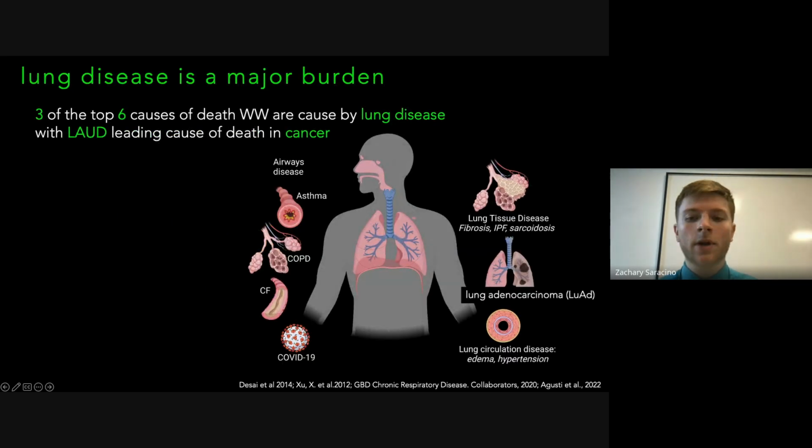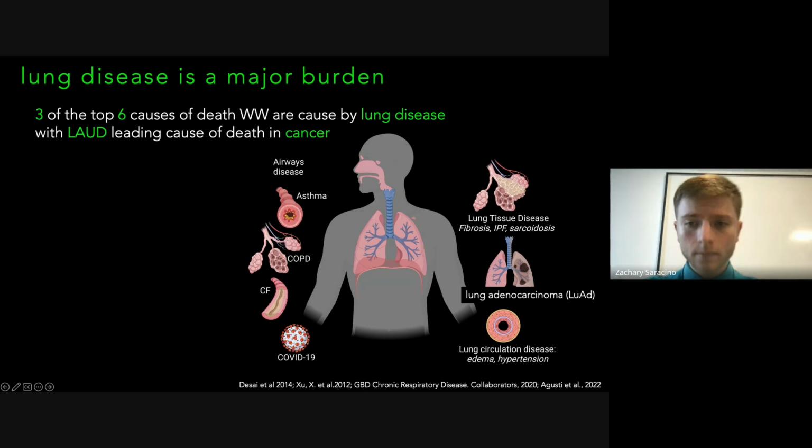But before we get started, why is studying the mammalian respiratory apparatus important? As I'm sure many of you have a relative or know a friend that is or has been impacted by some form of lung disease, lung disease is a huge burden, with 3 of the 6 causes of death worldwide being caused by lung disease, and lung adenocarcinoma being the leading cause of death in cancer.